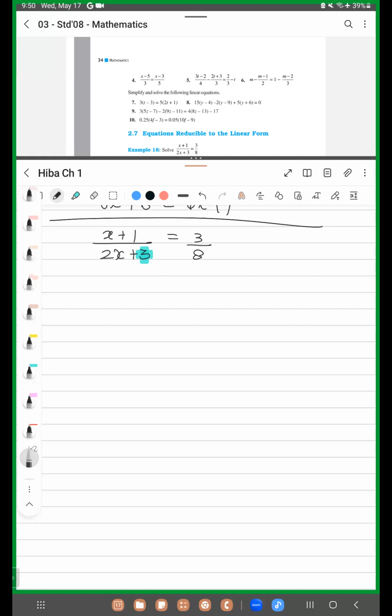Because it is being added on the left side. That's what I was writing here, subtracting 3 from both the sides. Understood? Now look at the left side. We can't subtract 3 from 2x plus 3 separately, because 2x plus 3 is a term.